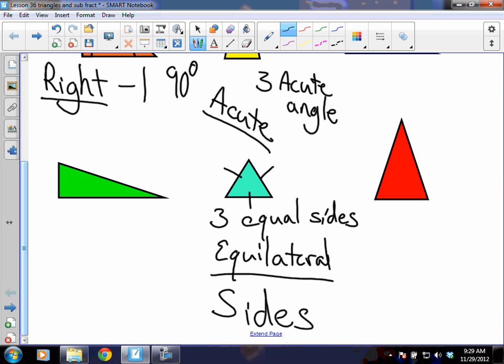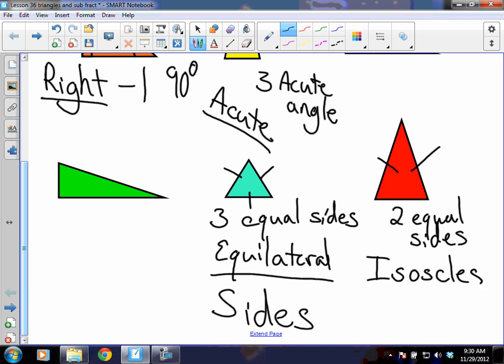If we move to the right, looking at this triangle, our red triangle, now we have 2 equal sides. So if we have 2 equal sides, now we have our second type of triangle by side, which is the isosceles triangle.